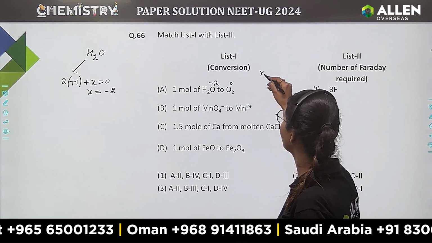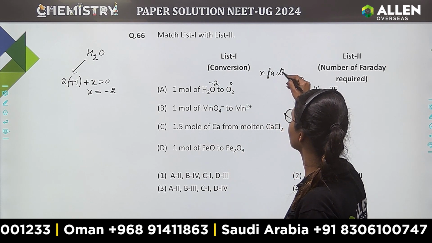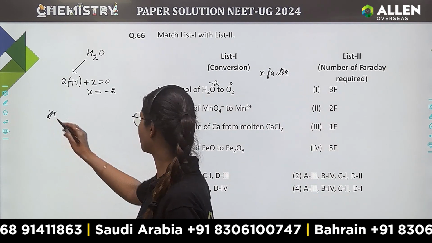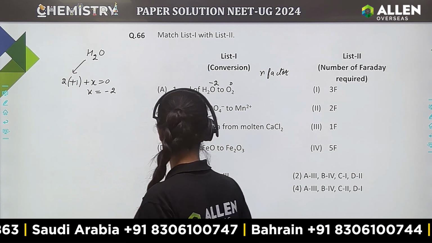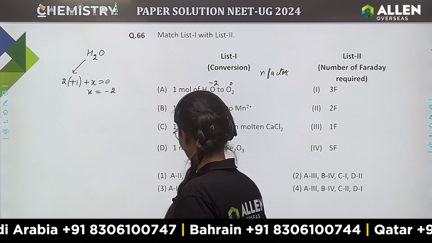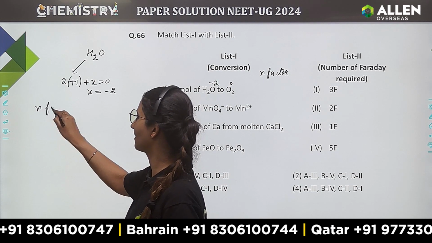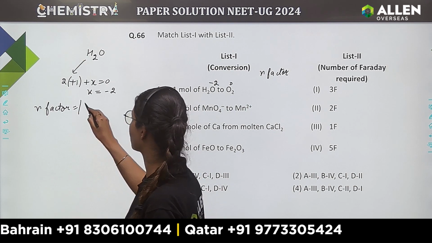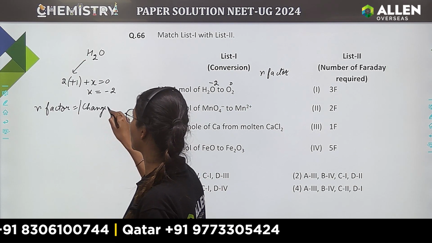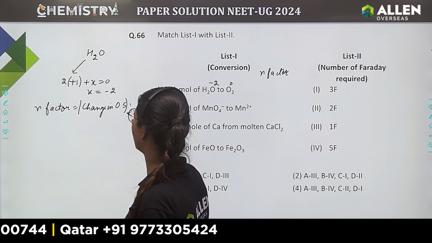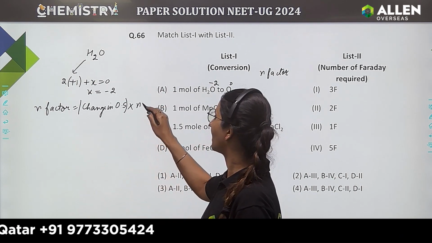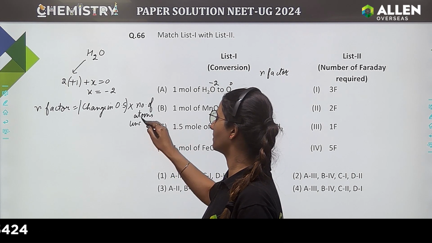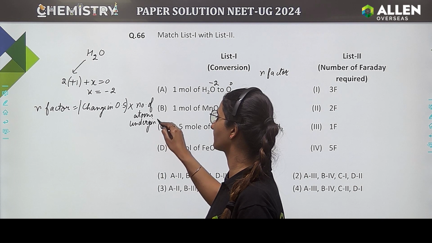What is the N factor, dear students? How do we calculate the N factor? N factor is equal to mod of change in oxidation state into number of atoms undergoing change.